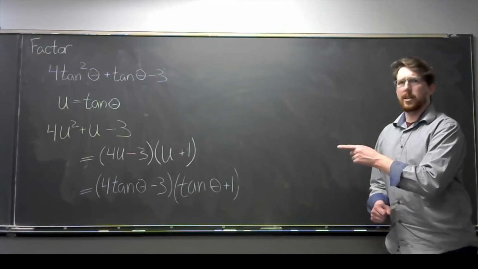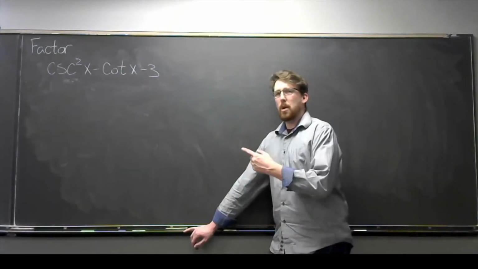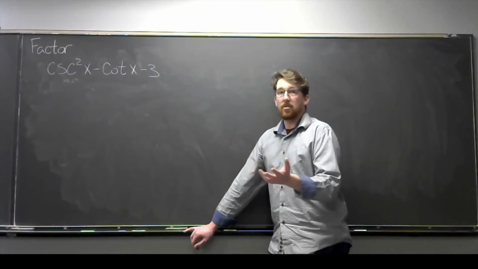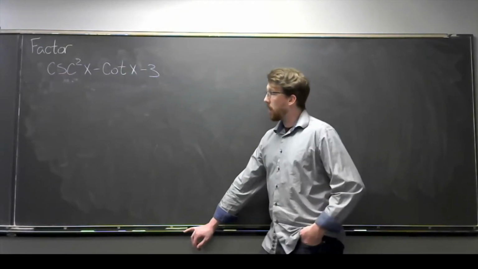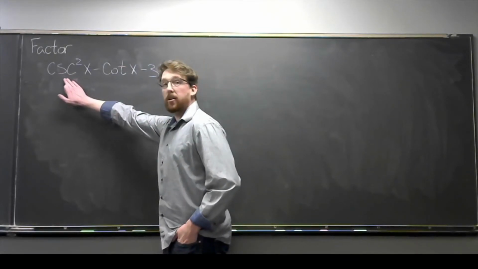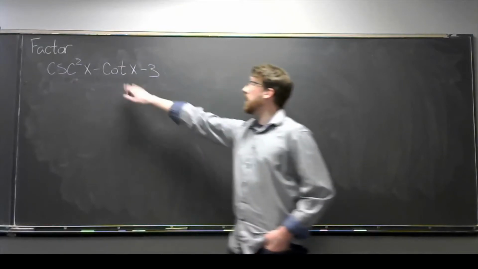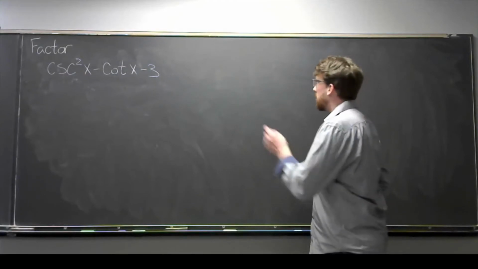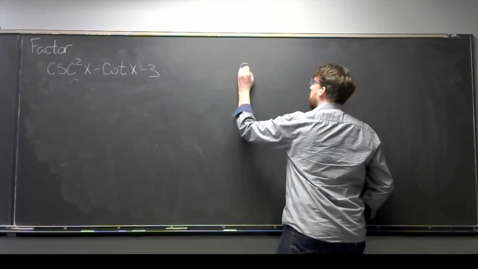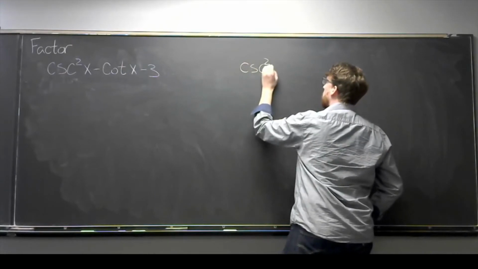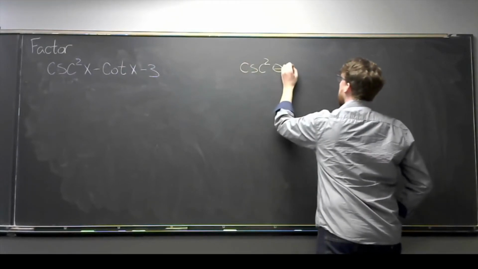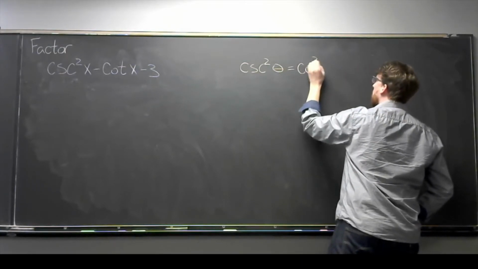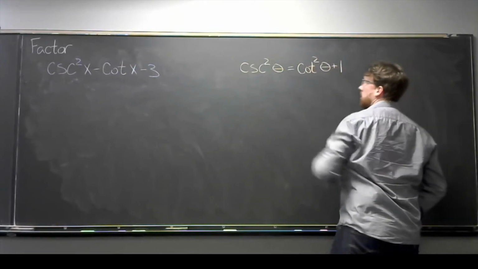Let's look at another example like this. So you're probably looking at this expression thinking like I do. There is no way to factor this. Like, I don't see one right away. What I do see, though, is a way of rewriting cosecant squared in terms of cotangent. And the way to do that is to say, all right, we know that cosecant squared of theta is equal to cotangent squared of theta plus 1.